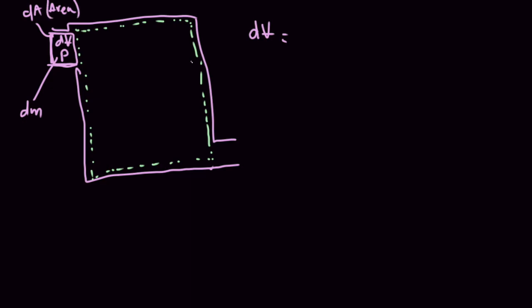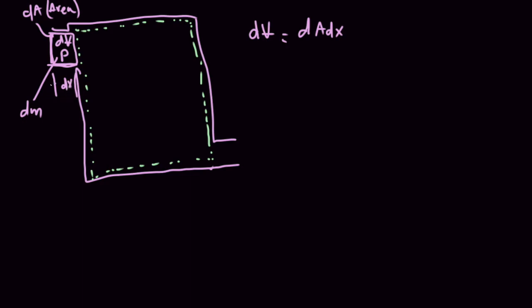Okay. So we know that the differential of the volume is equal to dA times dx, where dx is basically the length of this amount of control volume there.